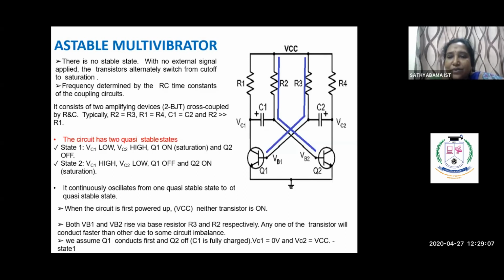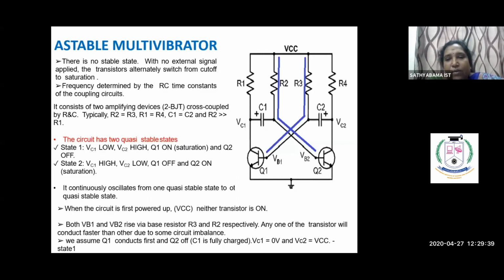As I told earlier, state 1 means Q1 is switched on, VC1 is low voltage, that low voltage is given to Q2, Q2 is off, then VC2 is high and that high is given through C2 to the input of Q1. This is what is happening in the circuit.